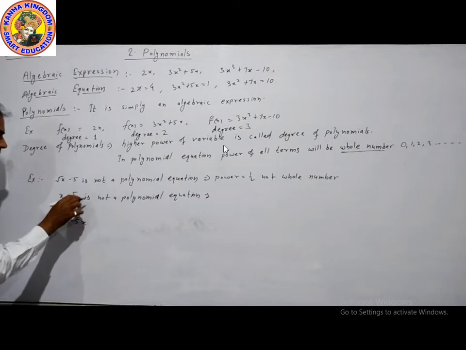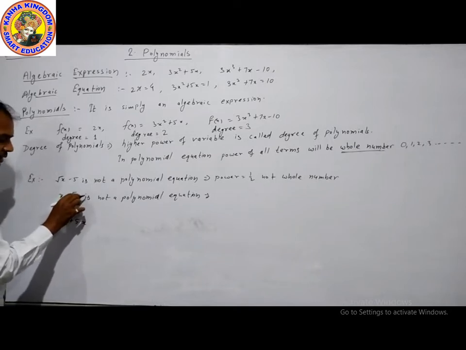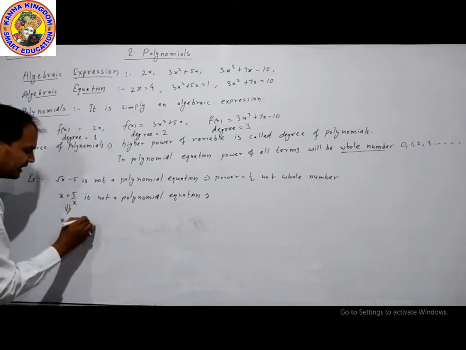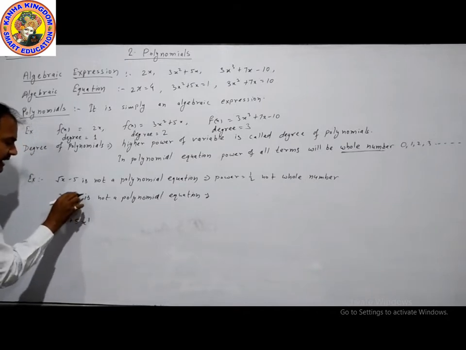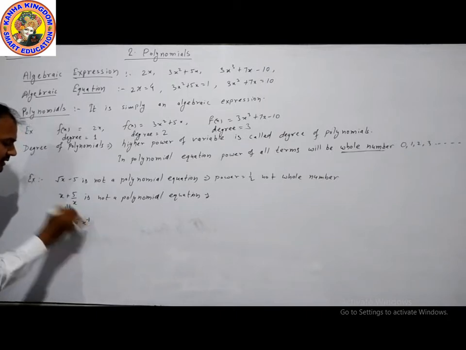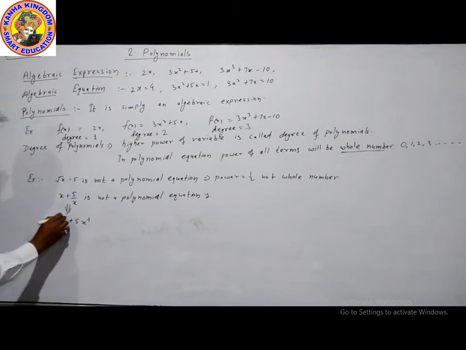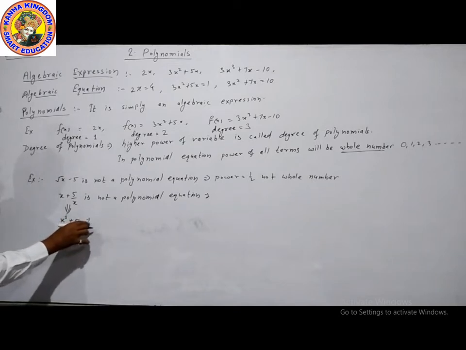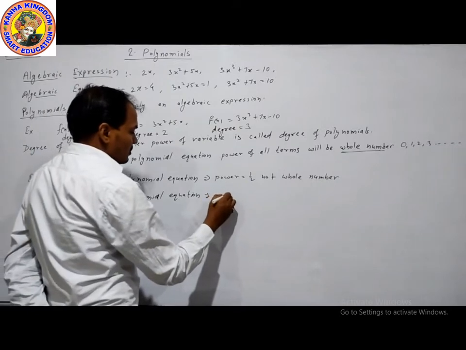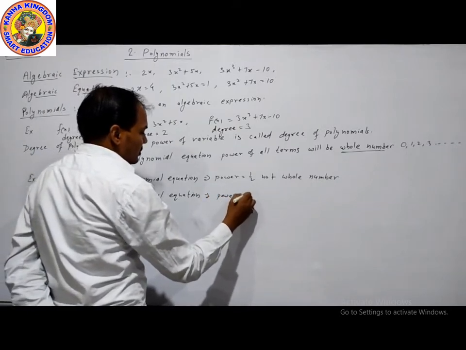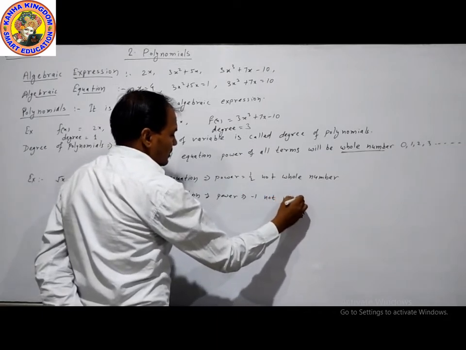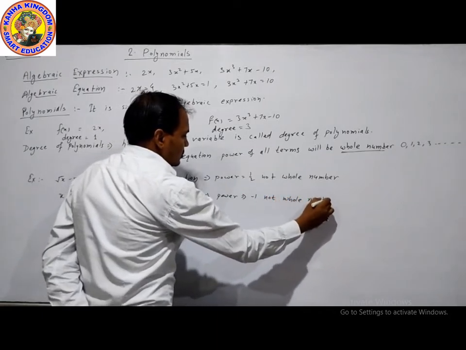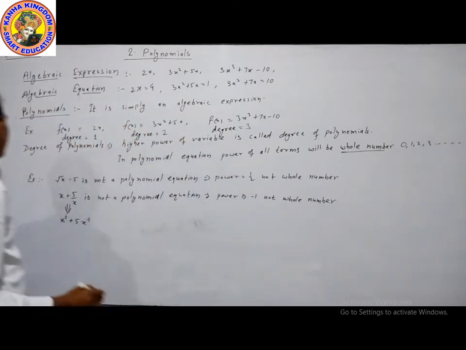If we write x in the numerator, the power will be a negative number. So here the powers are plus 1 and minus 1. Minus 1 is not a whole number. So this is not a polynomial equation.